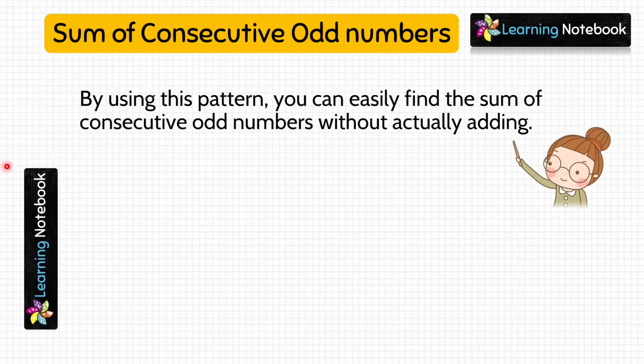Like if we have to add 3 consecutive odd numbers, 1, 3 and 5. One way to add them is to simply do 1 plus 3 plus 5, which equals 9. Now another way to get their sum is by using the pattern of square numbers.